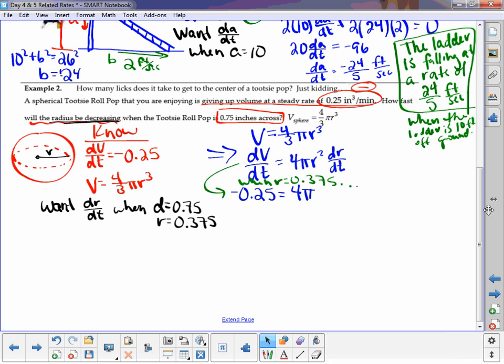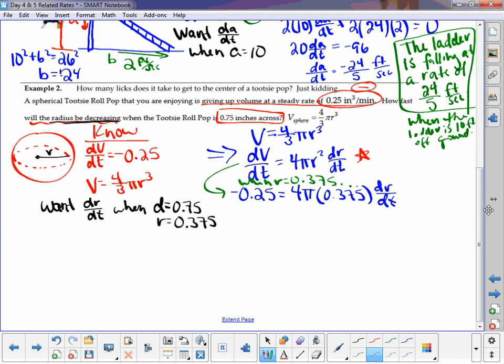So when my radius is 0.375, now I can go ahead and put in 0.375 and dr/dt, which is what we're solving. Notice this is relating the rate of volume with the rate of the radius, how they change.